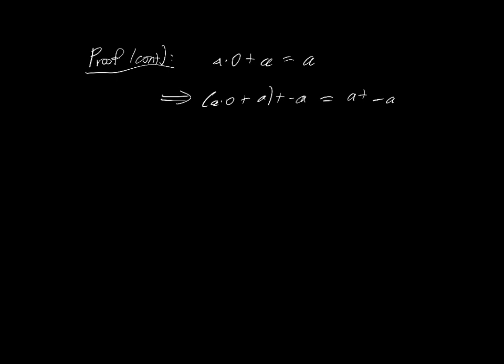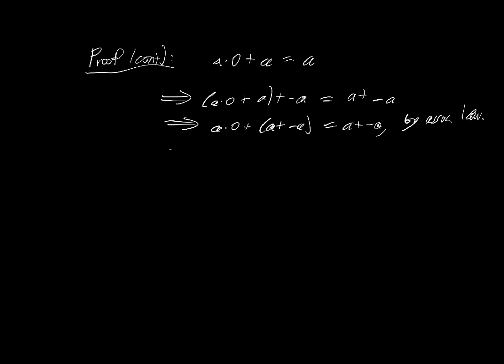That's just by adding the same thing to both sides of an equation. We can sort of do that without comment. And then now we have to associate our parentheses to get a plus negative a together. That's by the associative law.